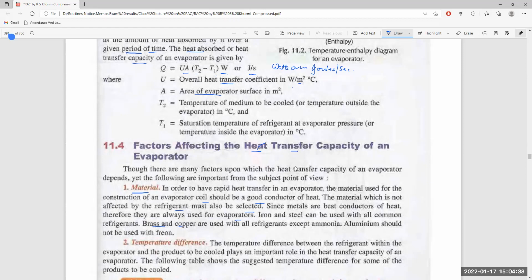So there are certain combinations: metals like iron and steel, sometimes brass and copper with certain restrictions. The important part is that the material used should be a good conductor of heat and should not react with refrigerants.